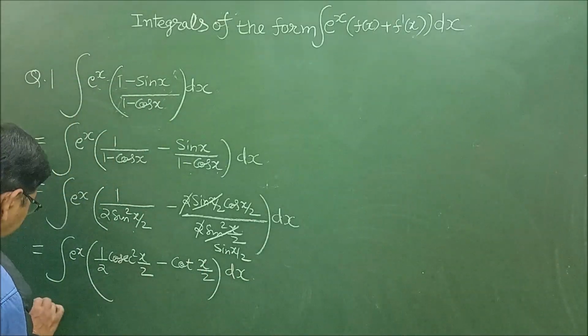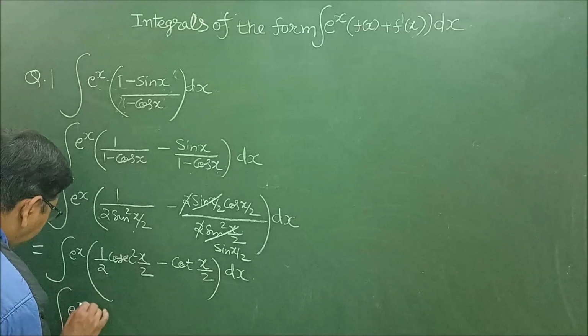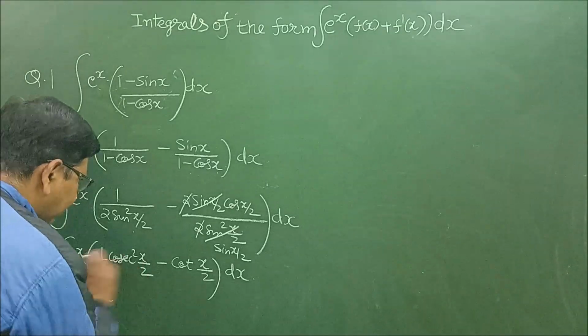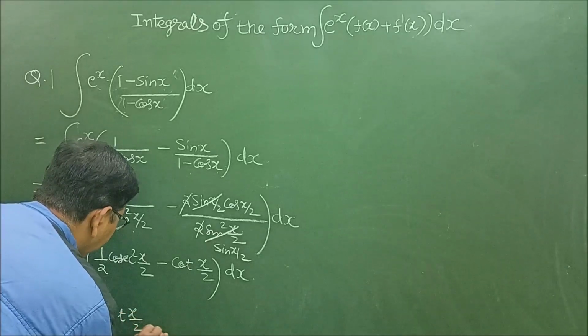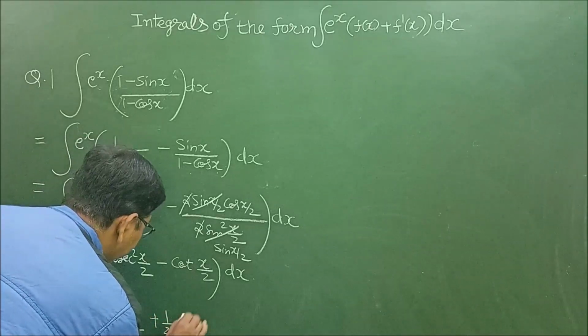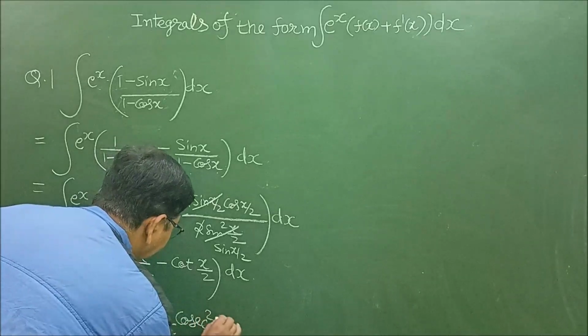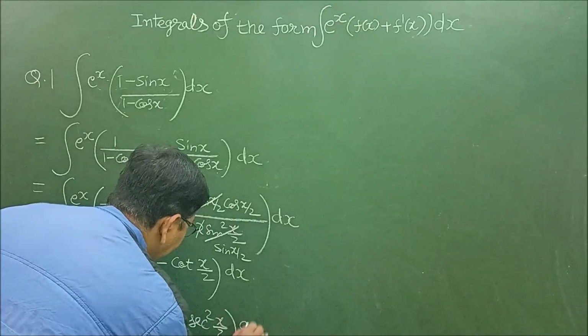Now this is equal to integral of e raised to the power x, rearranging these terms, minus cot x by 2 plus half cosec square x by 2, dx.